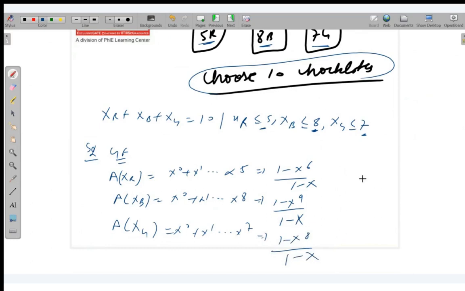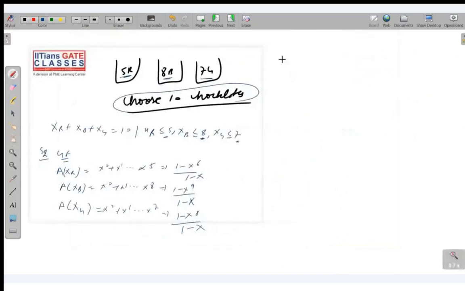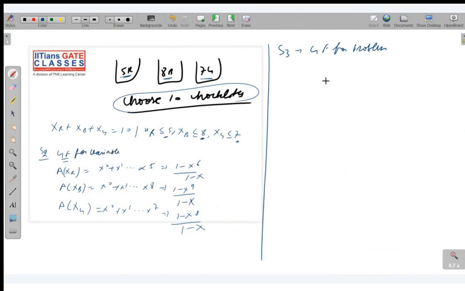So we have written the generating functions for the variables. Now step number 3, the generating function for the problem. I will multiply them: A of x red multiplied by A of x blue multiplied by A of x green.